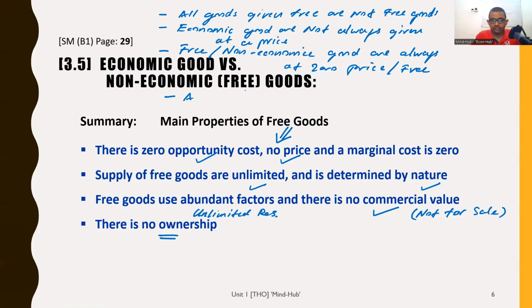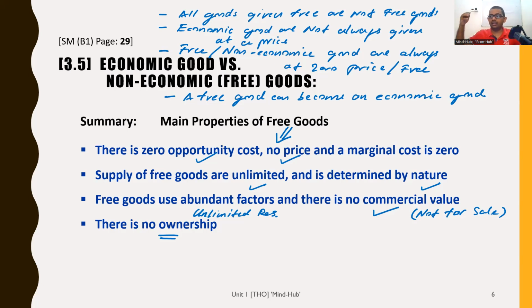A free good, meaning a non-economic good, can become an economic good. It happens when the supply is not there. For example, air, oxygen.